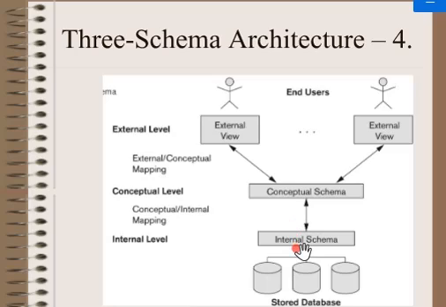If the request is a database retrieval, the data extracted from the stored database must be reformatted to match the external view. The process of transforming requests and results between levels is called mapping.